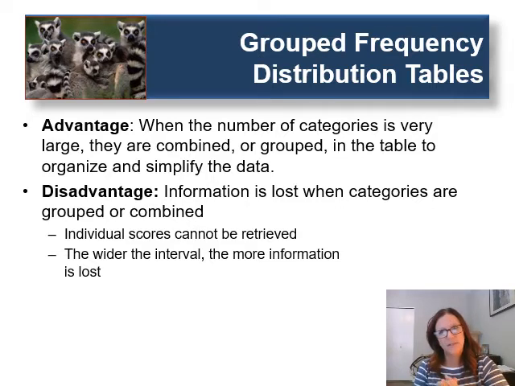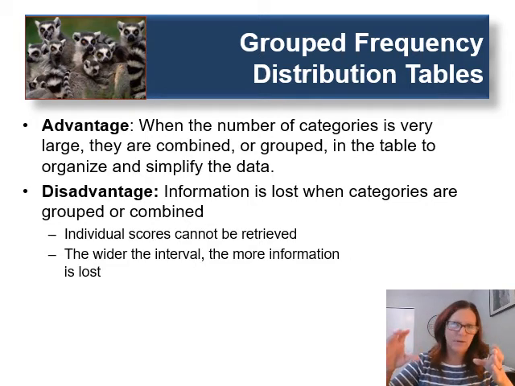The disadvantage is that you do lose information. You can't see individual scores. If I have a grouped frequency distribution for exam scores, and maybe I have my exam scores going from 70 to 79%, okay?